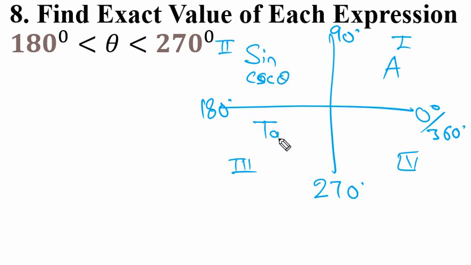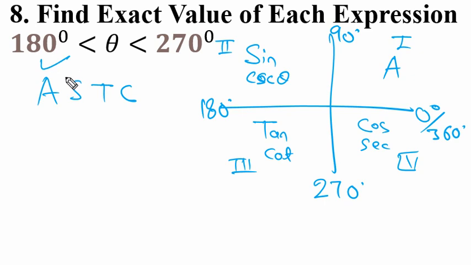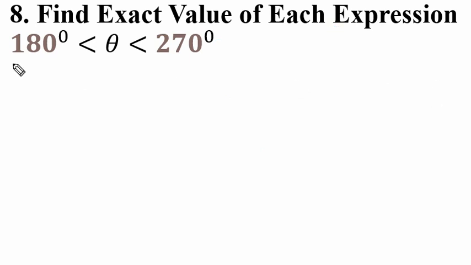In quadrant 3, only tan and cot are positive. In quadrant 4, cos and secant are positive. Cosecant, secant and cot are the reciprocals, so you can just remember this: A, S, T, C. All positive in quadrant 1, sine positive in quadrant 2, tan positive in quadrant 3, cos positive in quadrant 4. If you remember this, it will help you solve all the questions.